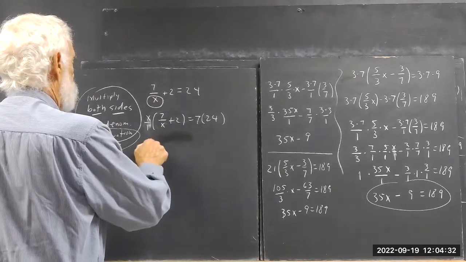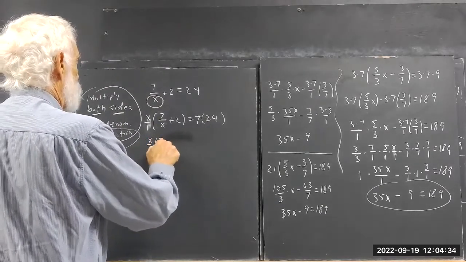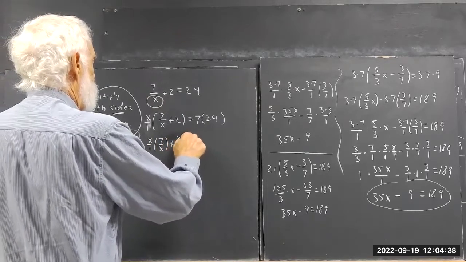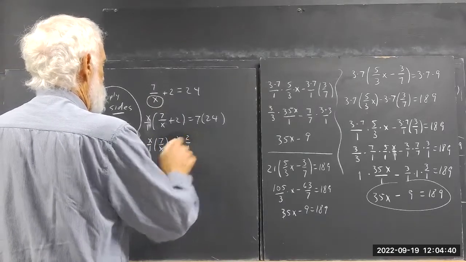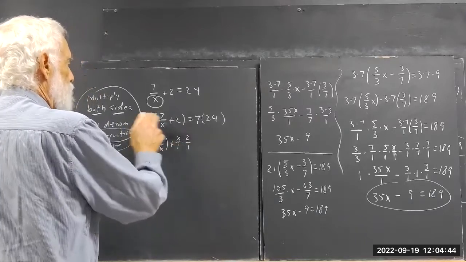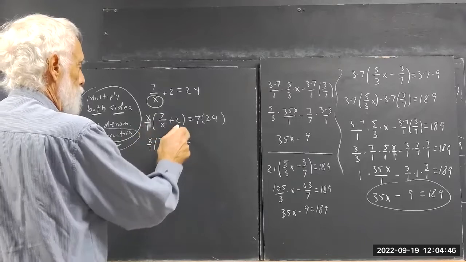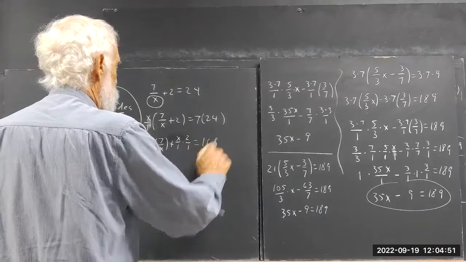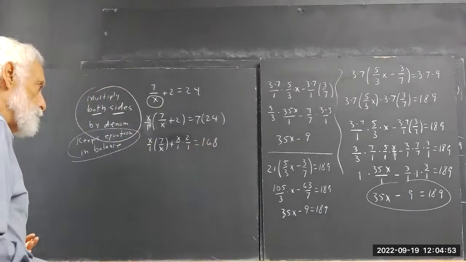So we have x over 1, 7 over x. Plus x over 1 times 2 over 1. In other words, it's x times 2, but we write it as x over 1 times 2 over 1. And this equals 168. Okay.